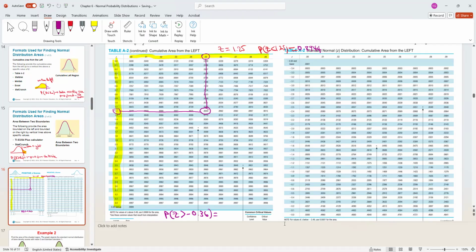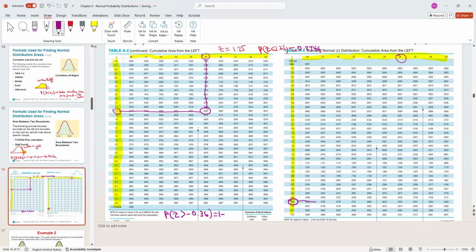First of all, because I said greater than, that means I need to subtract from 1 the probability that I would find from the tables. Now, let's say we are on the negative side of the tables. Remember this, the first column is Z, and this is the additional decimal for Z. Now, let's see. I need to look for 0.2, it is right here. Now make it 6, it is here.